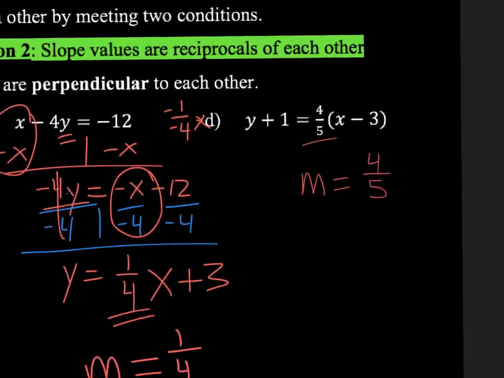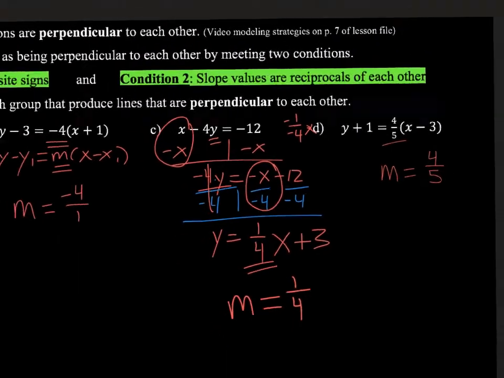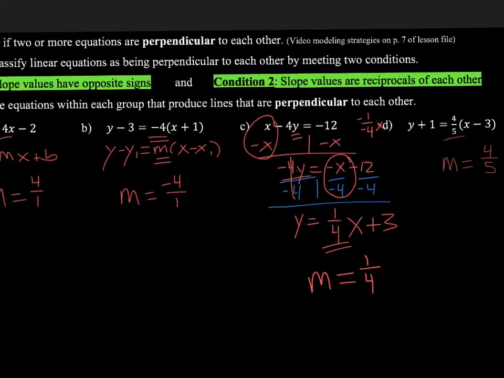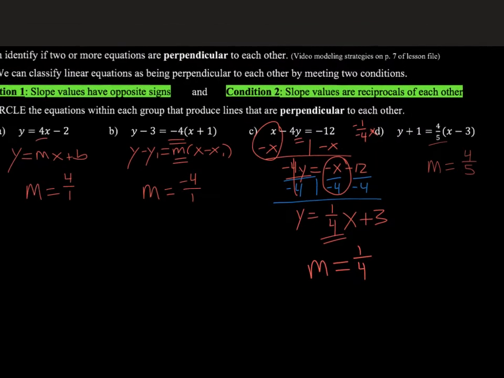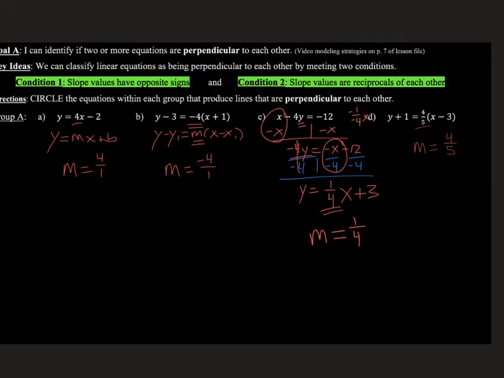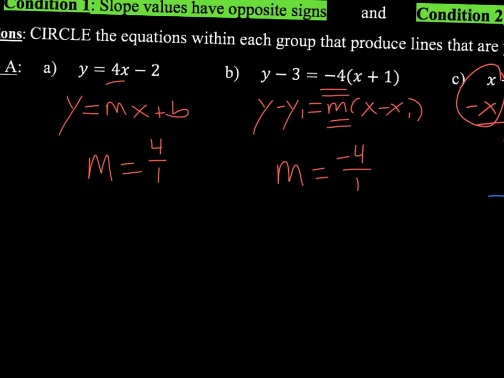Okay, so what we're seeing here is when we are looking to verify if equations are perpendicular to each other, we need to know their slope values. Now that we have all of their slope values identified, let's compare them to see if any are perpendicular to each other. So when I'm looking at this one, to be perpendicular to the first slope of 4 over 1, I'd be looking for an equation that has a slope value perpendicular to that.